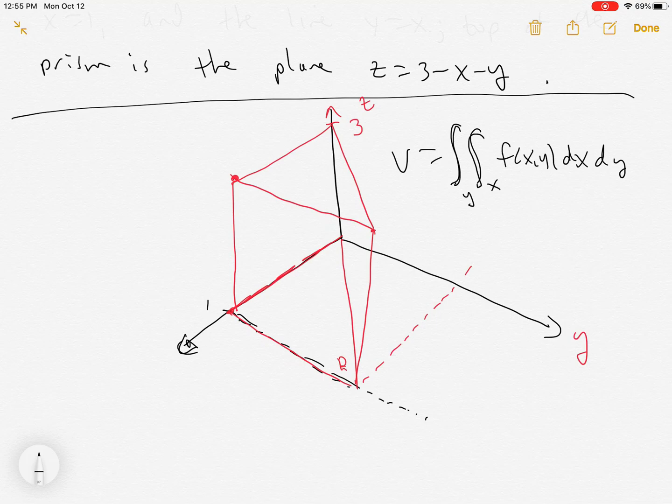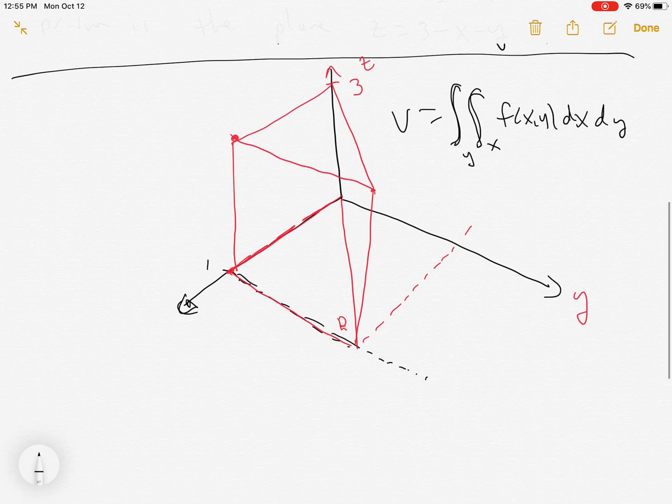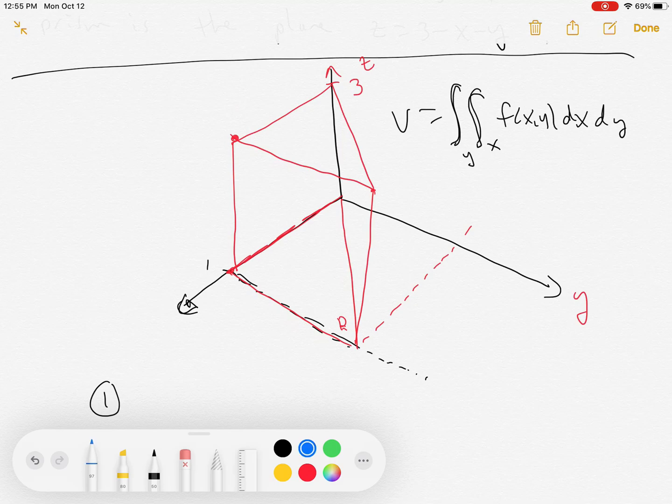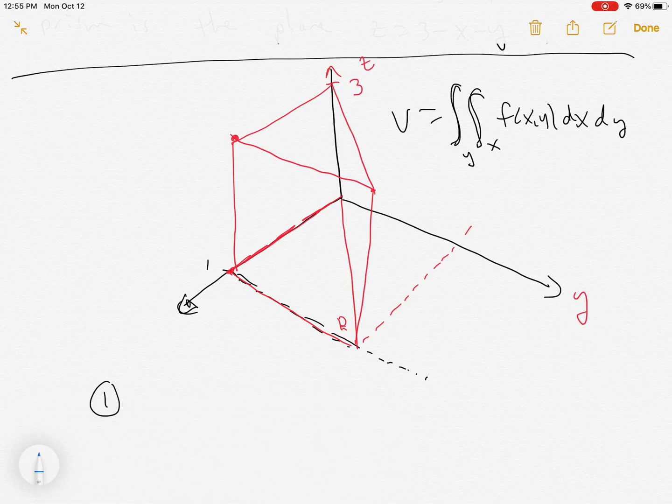Okay, well, this is the way to do it. So what you want to do, step 1, is to move away from the origin. So you're going to draw a ray that intersects the region here and exits it here.